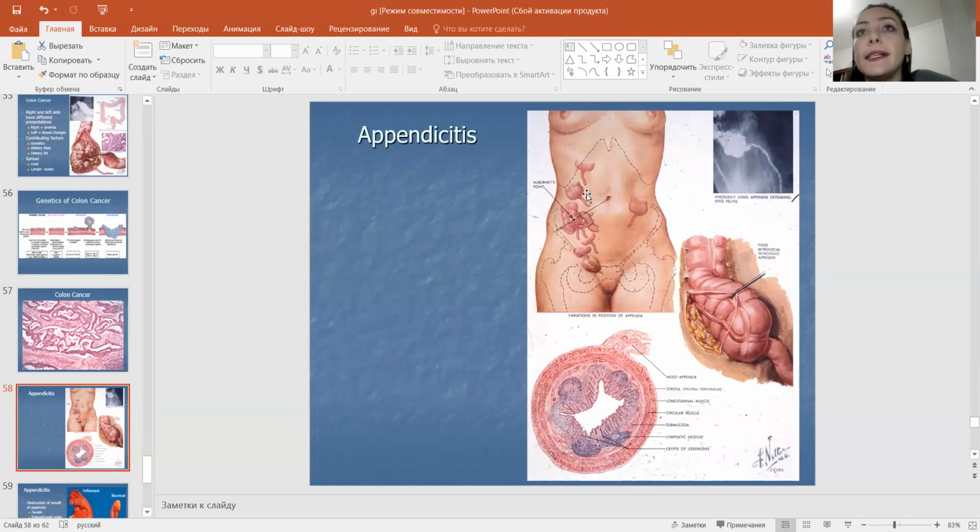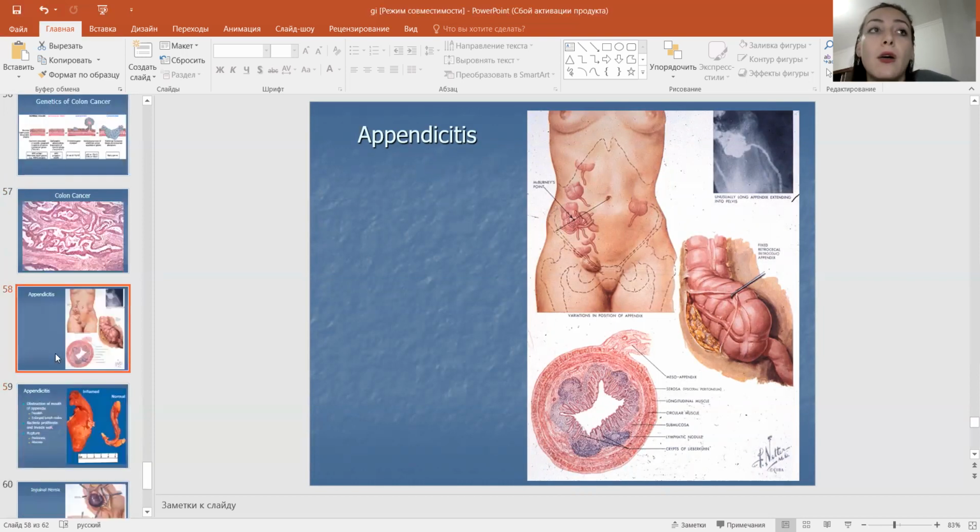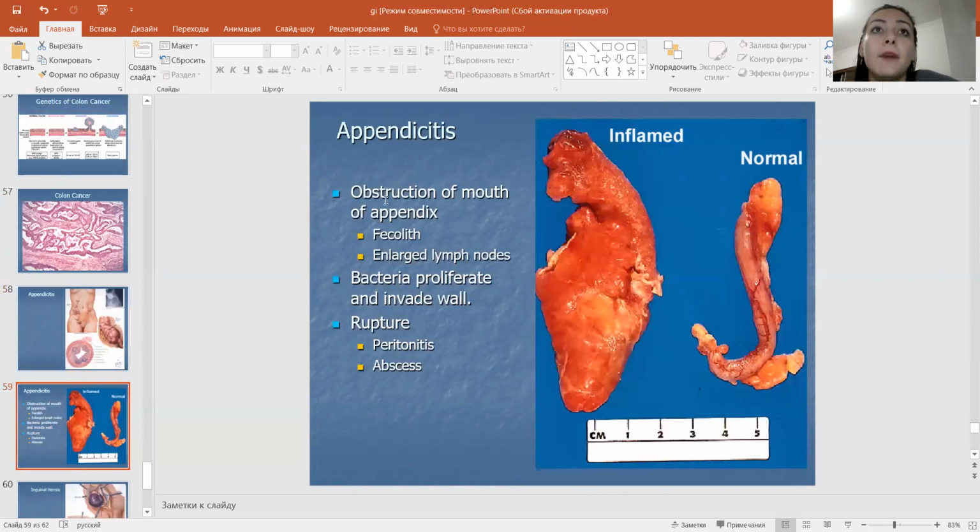Appendicitis. Appendicitis is an inflammation of the mucosa of the appendix and obstruction of the mouth of the appendix. It may be a fecalith or enlarged lymph nodes, maybe bacteria proliferate and invade the wall, and rupture may cause peritonitis and abscesses.